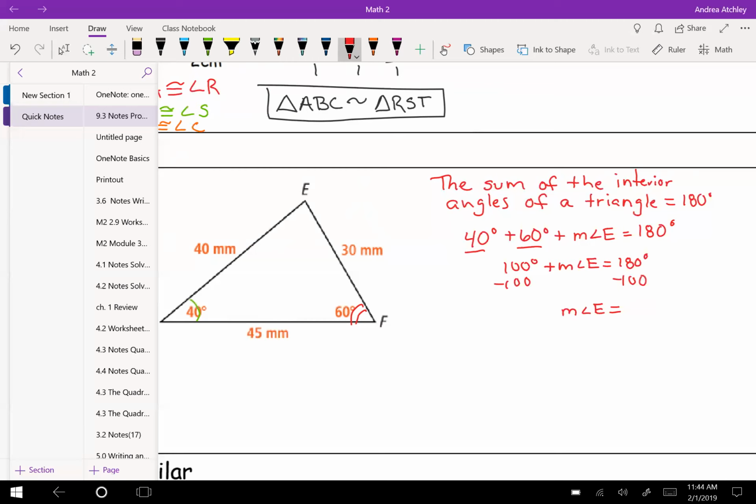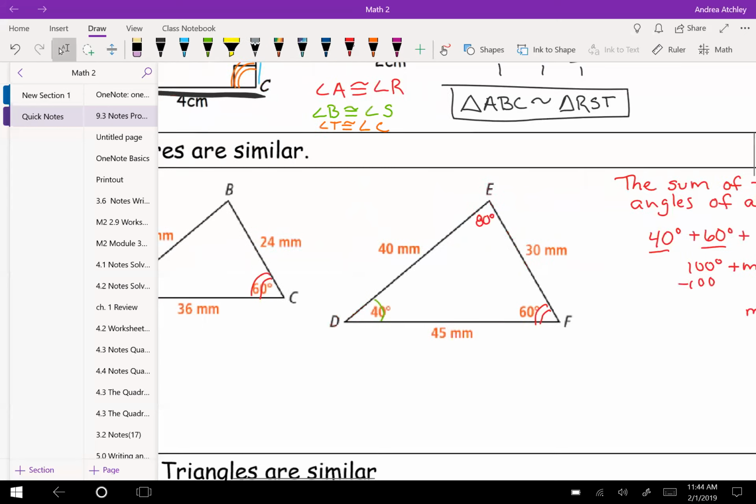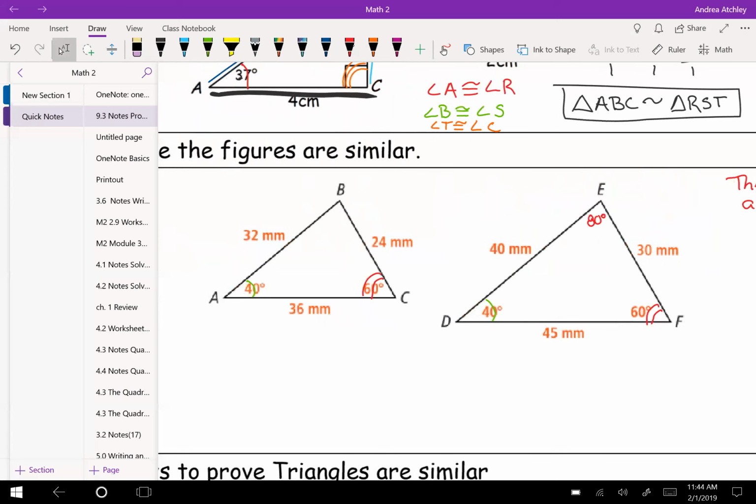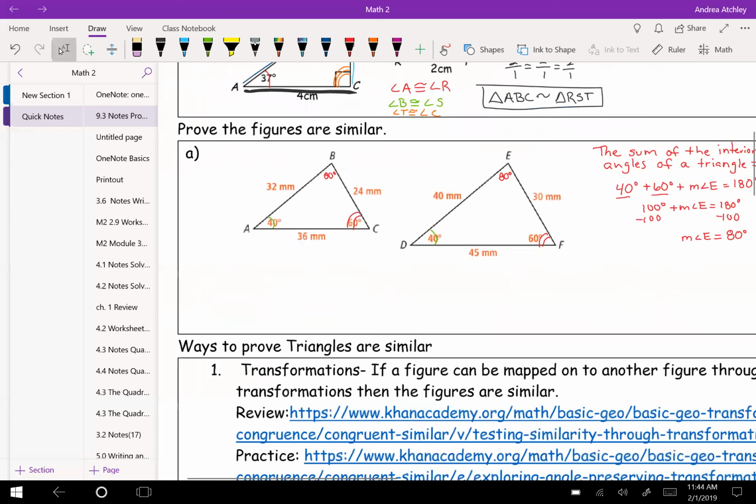Very good, it's 80. So this is an 80-degree angle. Would that work on this side as well? It'd be the same thing: 180 minus 40 plus 60 would make this 80 as well, right? So we have all the angles congruent.